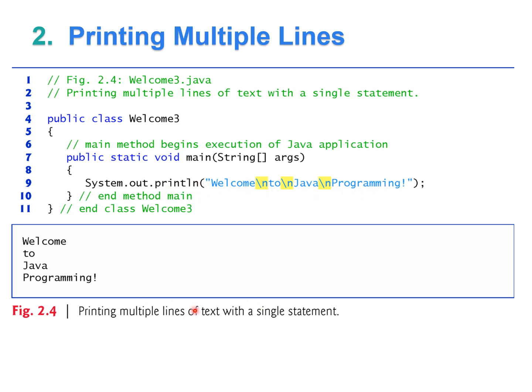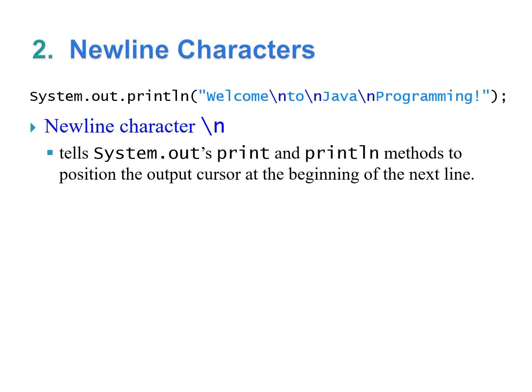The result of this program is four lines of text as shown here. The \n character that we inserted in this println statement is called the new line character. It tells the print and println methods of System.out to position the output cursor at the beginning of the next line in the output window.